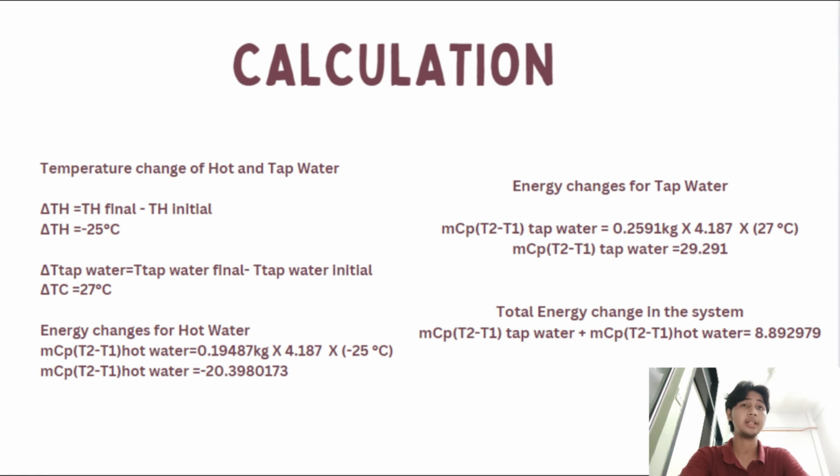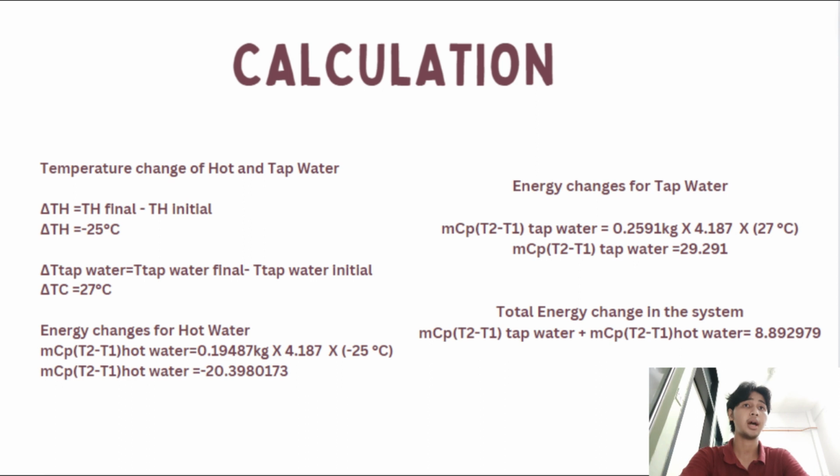Temperature hot final subtract temperature hot initial. The answer that we get is negative 25 degrees Celsius, which means it is exothermic. Next, delta temperature tap water.